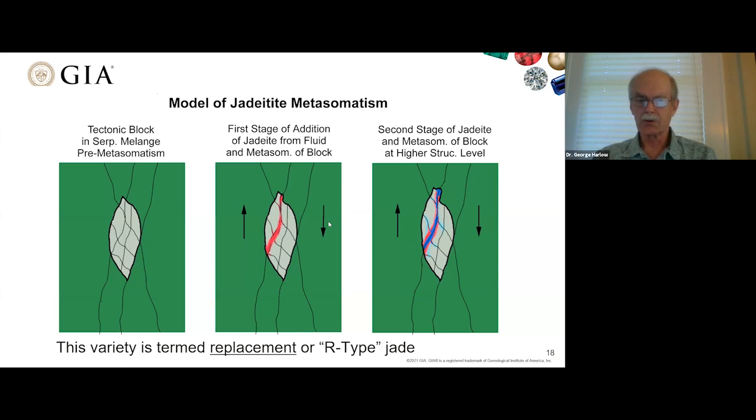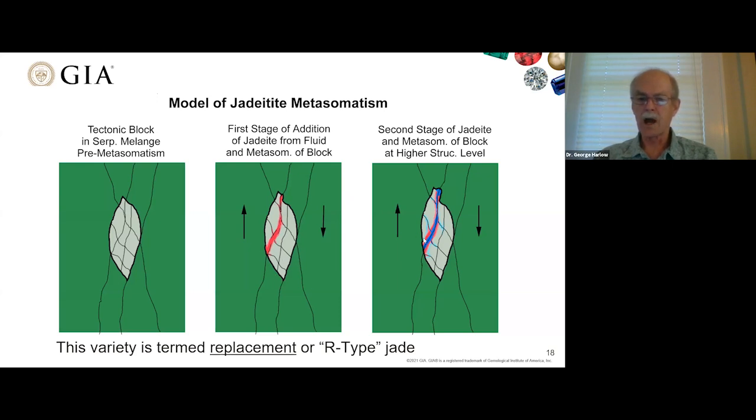There are other sources of jade where it looks like the jadeite, the fluid, has actually replaced another rock rather than crystallized directly. And here is a model for that, where there'd be a tectonic block, probably of something not dissimilar to the composition of jade itself, and it gets fractured and the fractures get replaced.